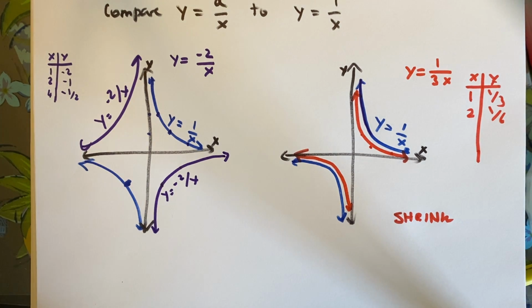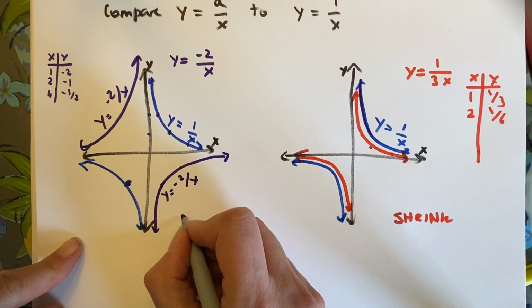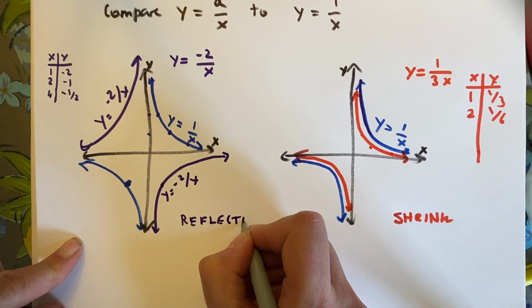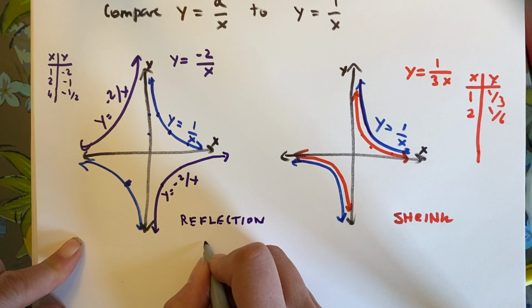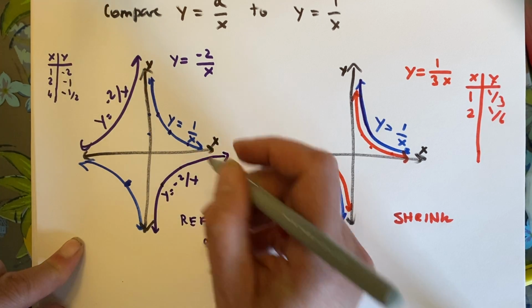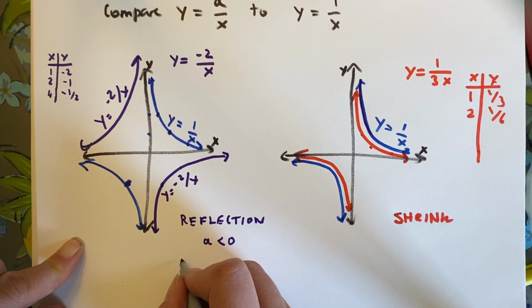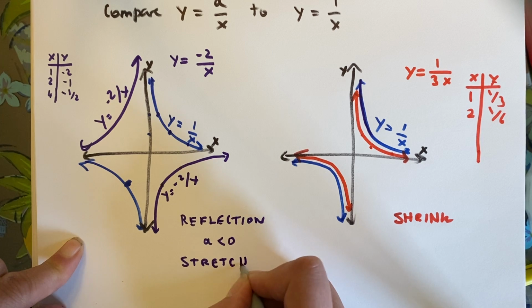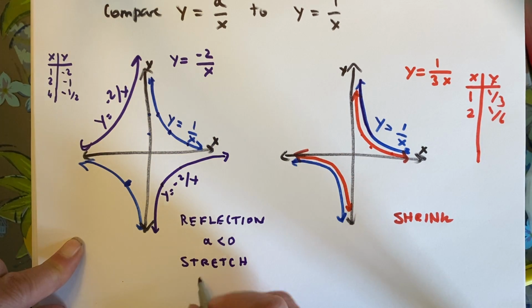It comes closer to the xy axes, to the asymptotes. And this one here is a reflection, because it's negative, right? A is less than 0. And it is also a stretch, because A is 2, not 1.